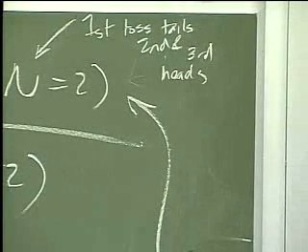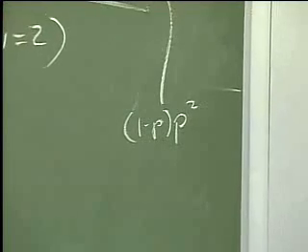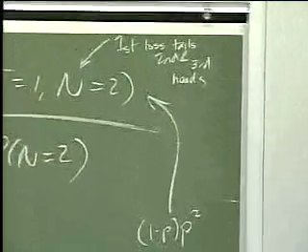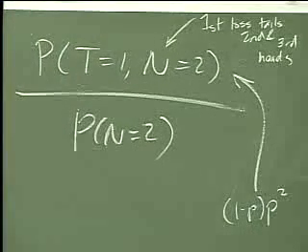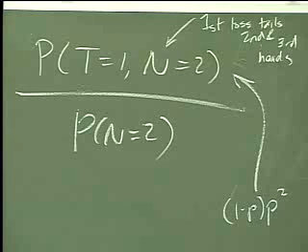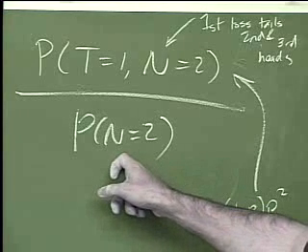Here we do care about the order. It has to be tails, heads, heads, because that satisfies second and third toss being the same, and there are exactly 2 heads. And what's the probability that the second and third toss are the same?